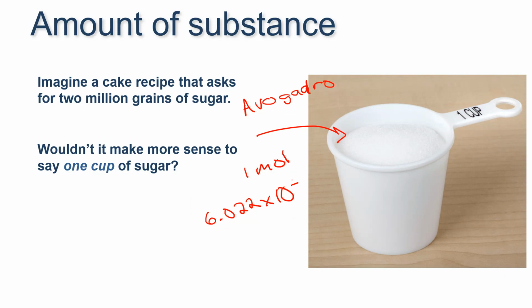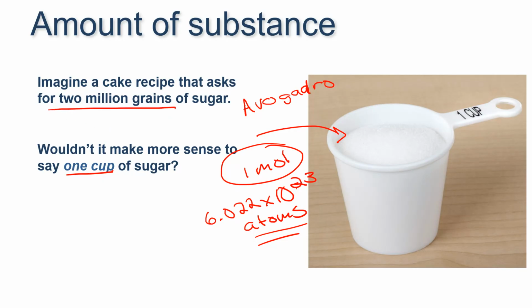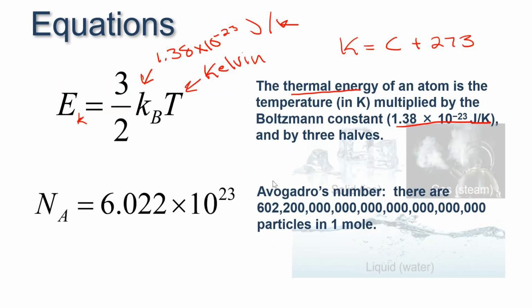Not negative, positive. So you can see how 1 mole is like 1 cup. And, you know, this is very similar to 2 million grains, except it's way bigger. It's this big number right here. That's a lot of stuff.